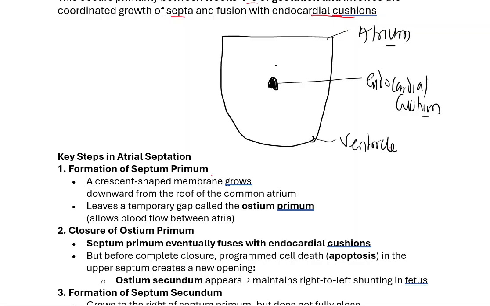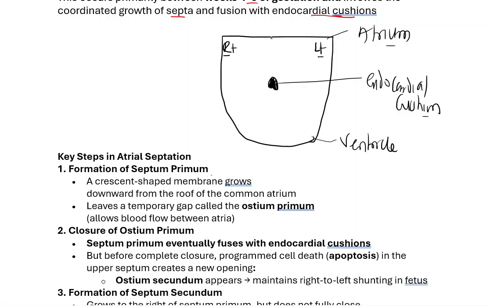Our goal is to divide the common atrium into two so that we can have the right atrium and the left atrium. So it's going to be the right side of the heart, and then this is going to be the left side.